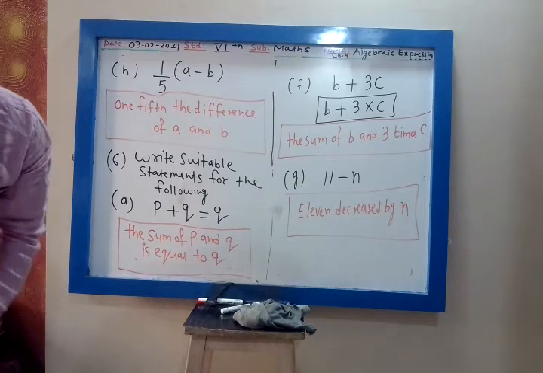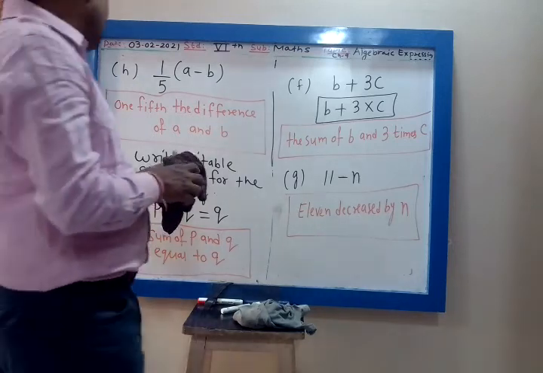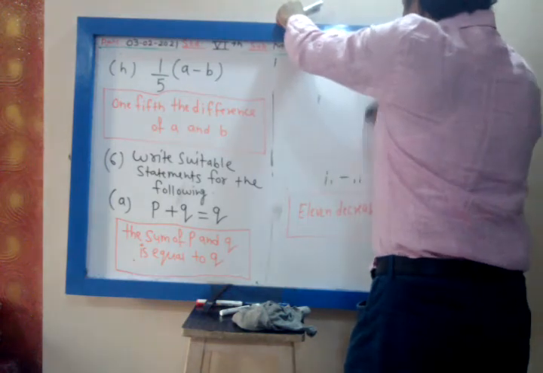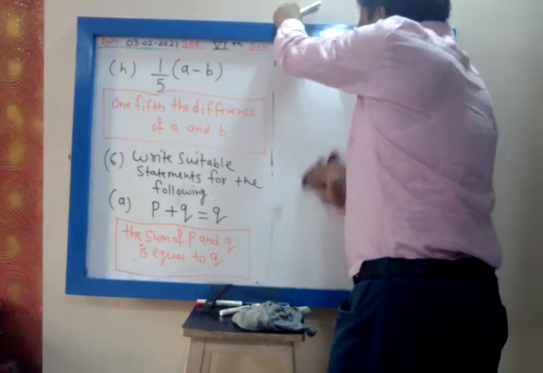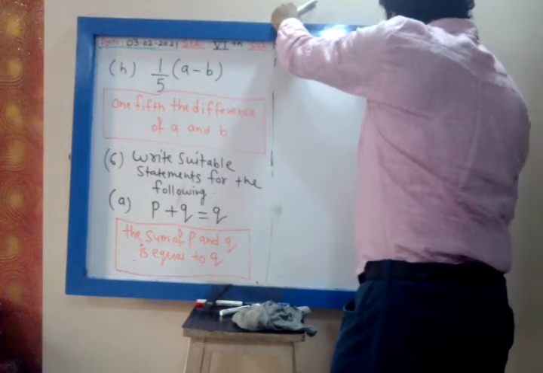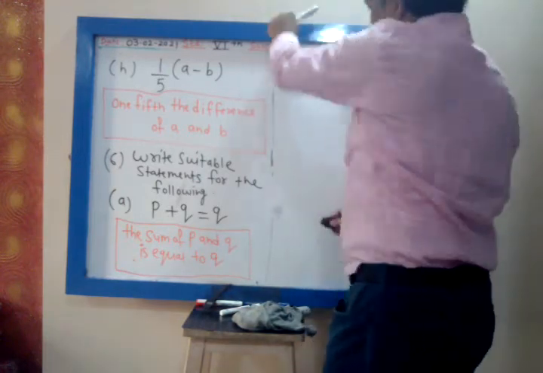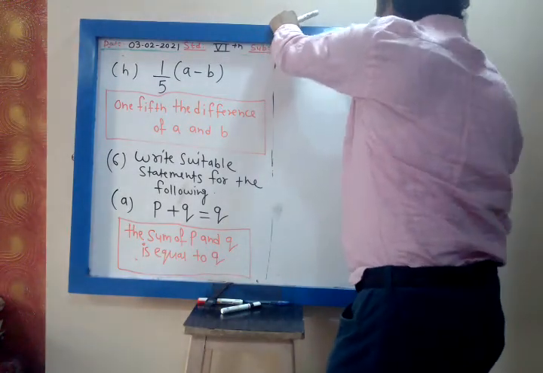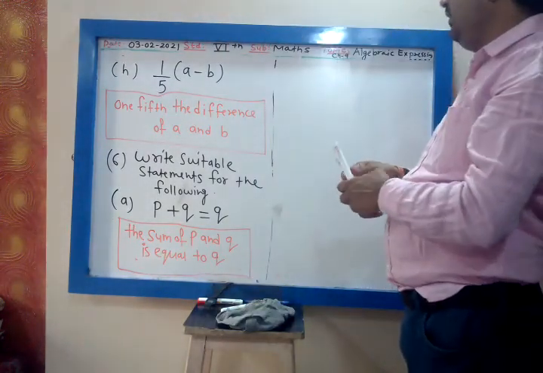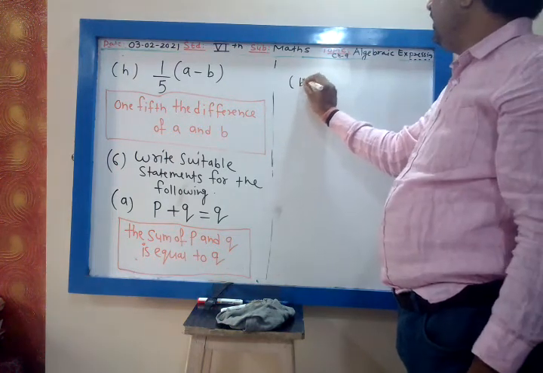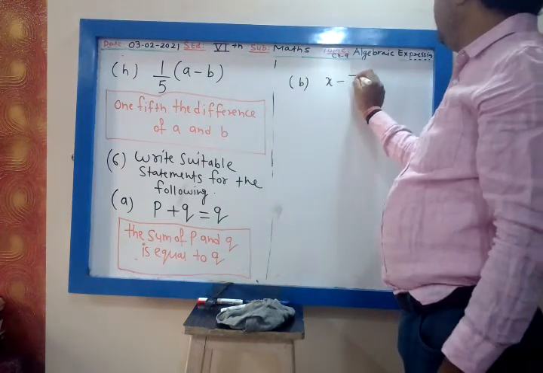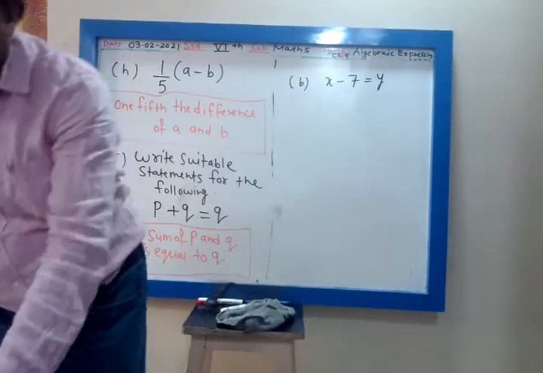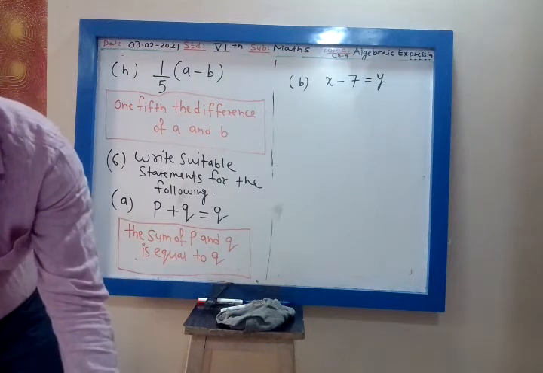Next, x minus 7 is equal to y. Minus means difference, minus means decreased.